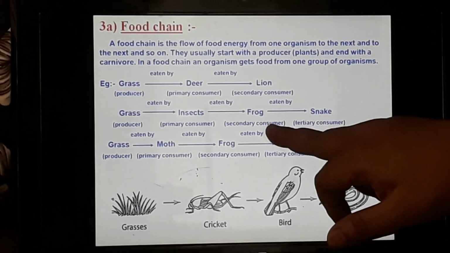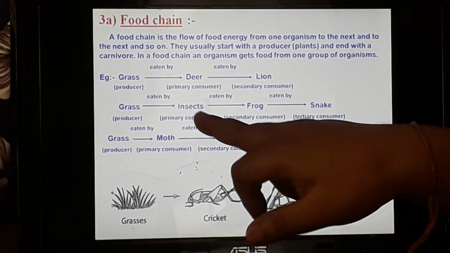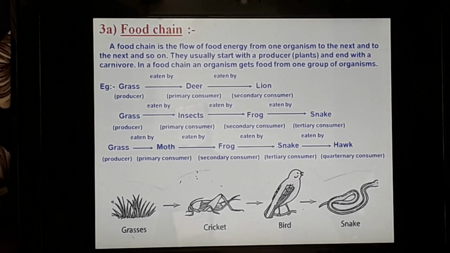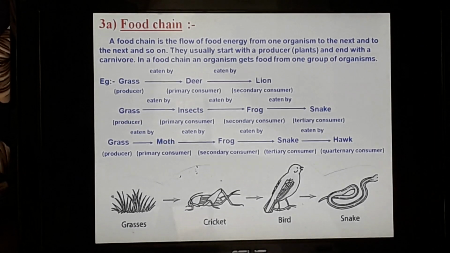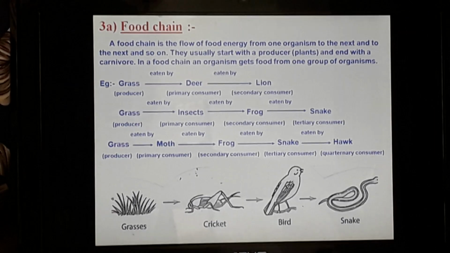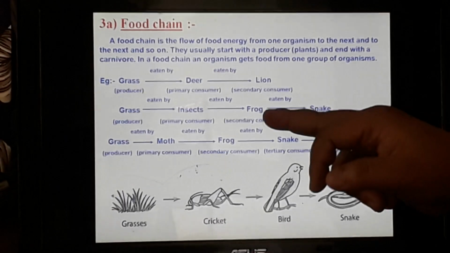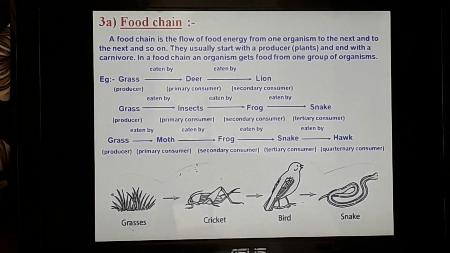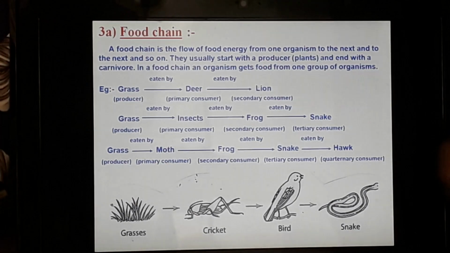The frog is the secondary consumer because the frog is eating the insect. And finally the snake, here we have one more category of consumer, which is called the tertiary consumer, means तीसरा consumer. Tertiary consumer, the snake is eating the frog, the frog is eating the insect, and the insect is feeding on the grass. So this is how you can see the food chain grows.